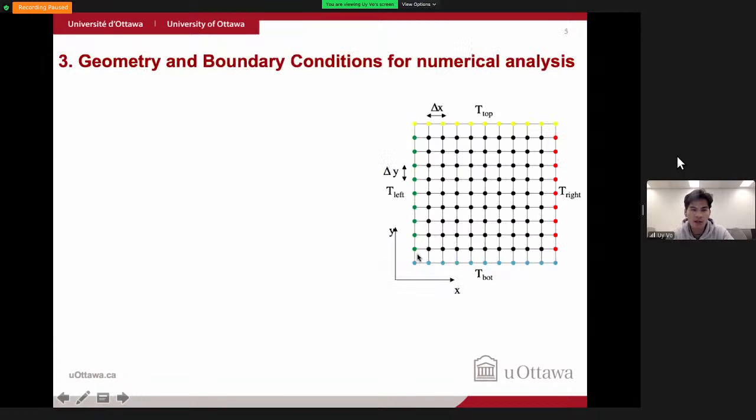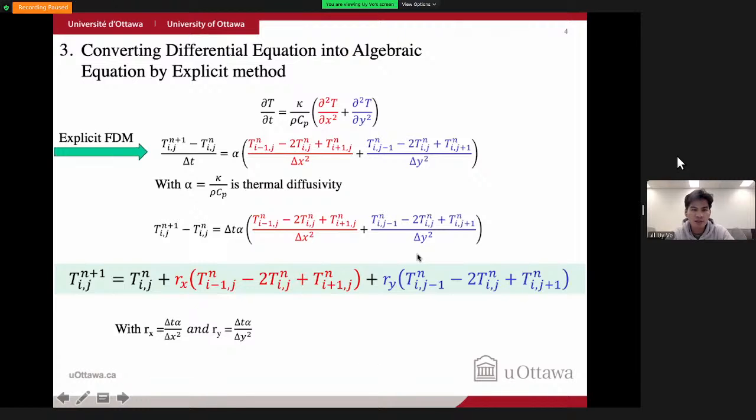One of them is this implicit method. So we have the equation here, and using the implicit method, we can discretize the equation to have the temperature variation with time and space very simply, as shown in this green box here.